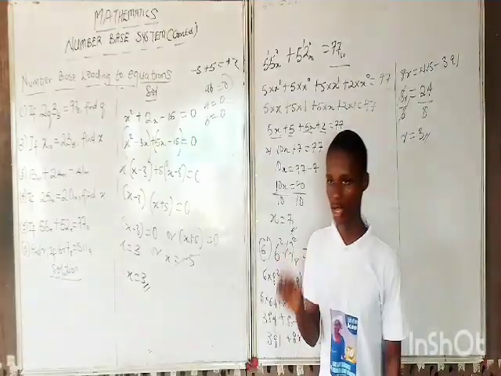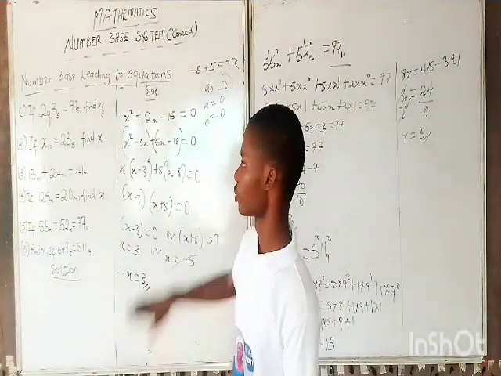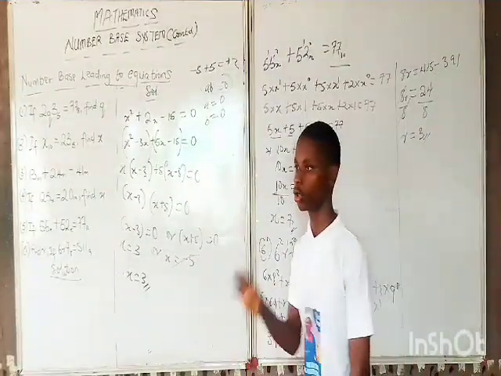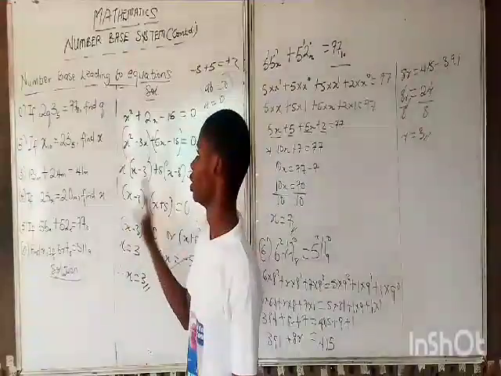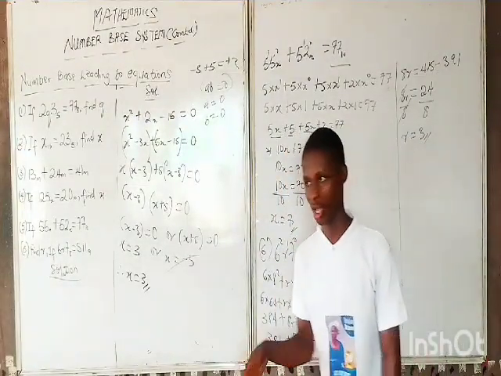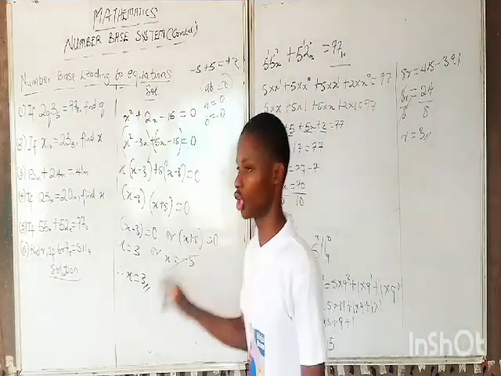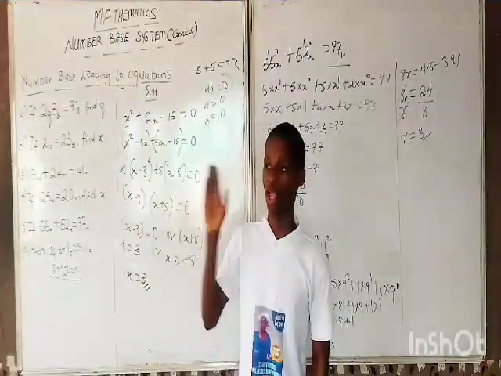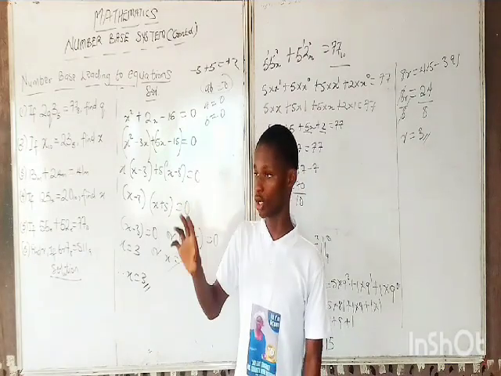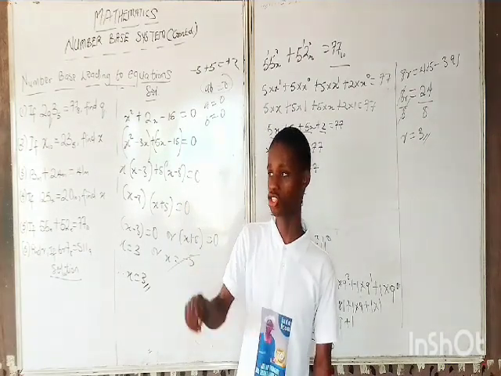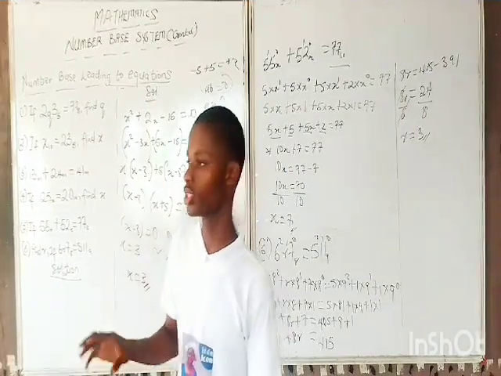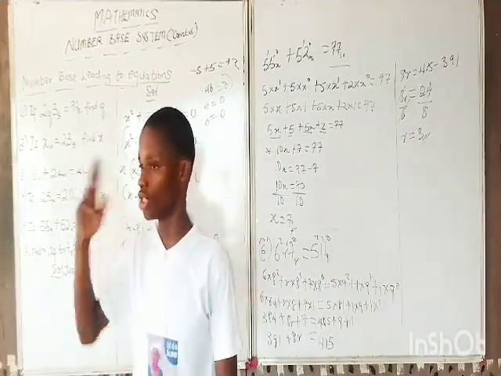So with that we have come to an end of this class. That is it for equation leading to normal base equation. So I believe from this you can solve any other thing related to this. Just remember the simple trick: as long as you are given an equation and the digit on the base is replaced by a letter, you need to convert it to base 10.